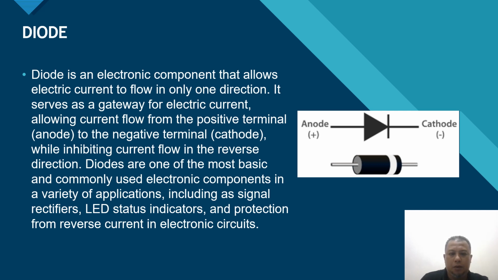Diodes are one of the most basic and commonly used electronic components in a variety of applications, including signal rectifiers, LED status indicators, and protection from reverse current in electronic circuits.